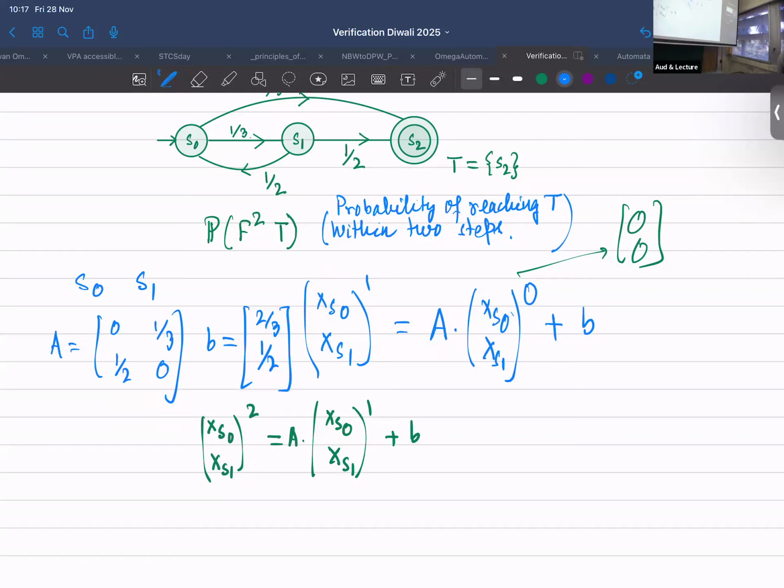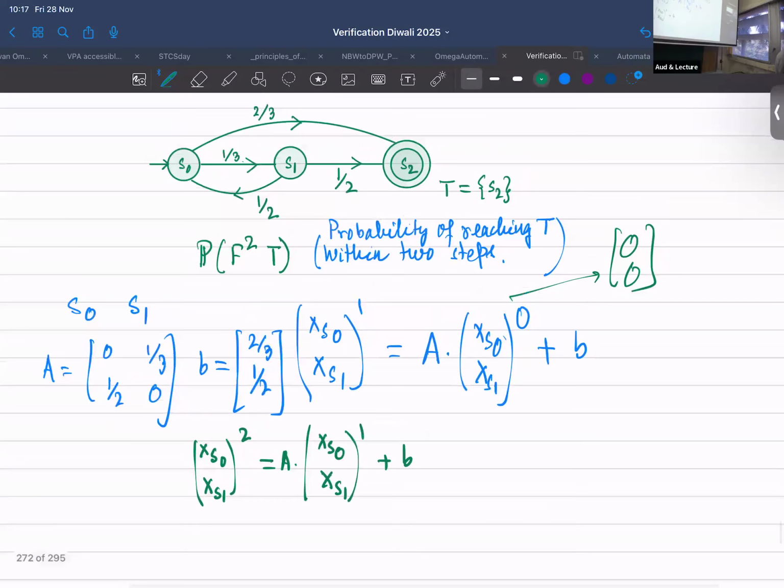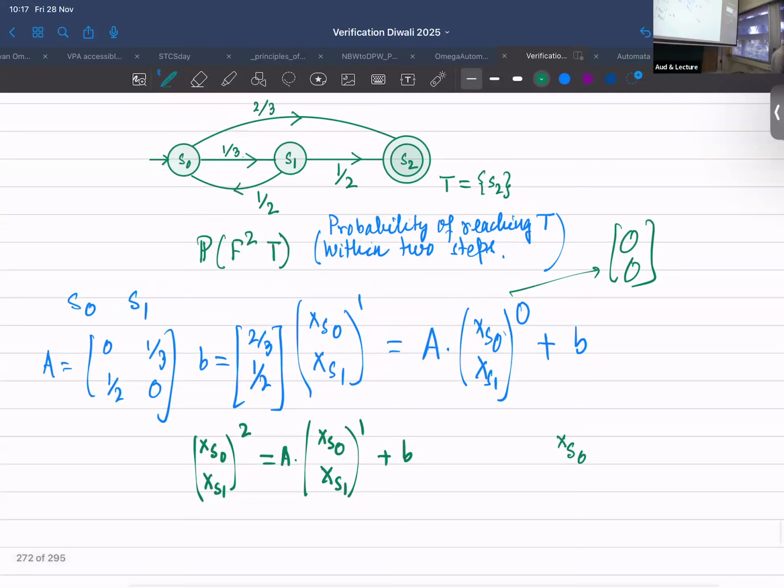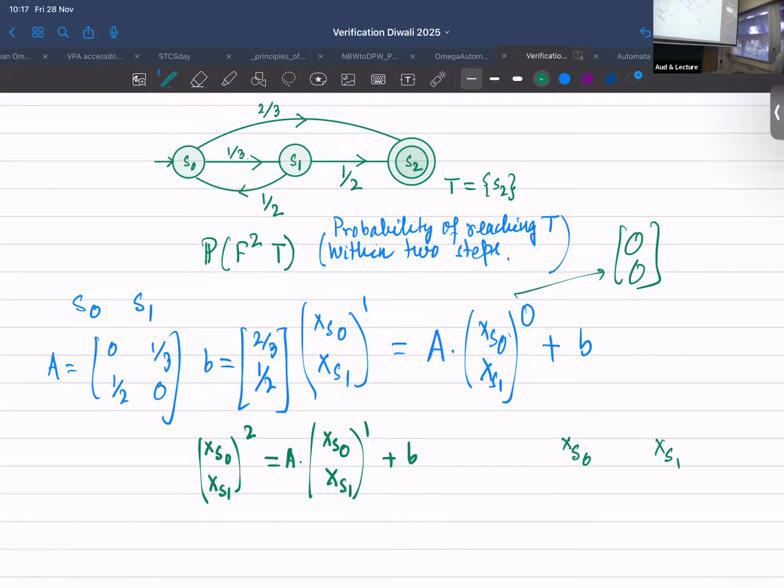xS0 is the probability with which we reach S2 from S0, and xS1 is the probability with which we reach S2 from S1.